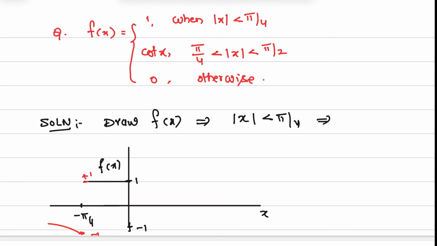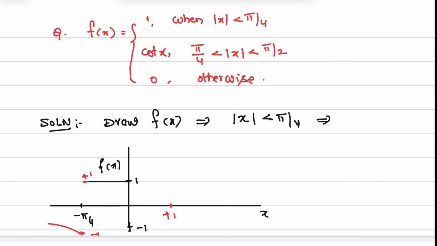Please try to understand. Now, from minus pi by 4 to plus pi by 4, what's happening? From minus pi by 4 to plus pi by 4.